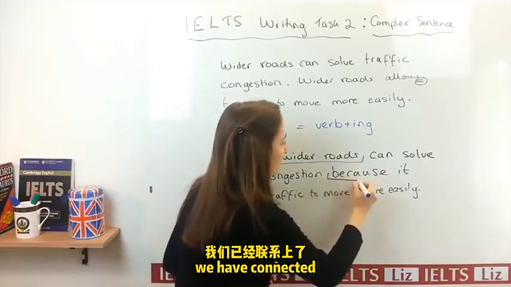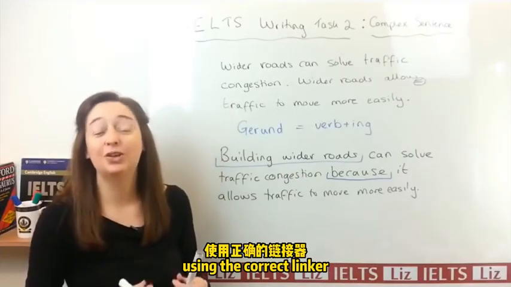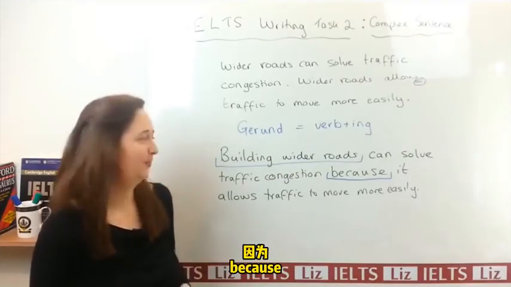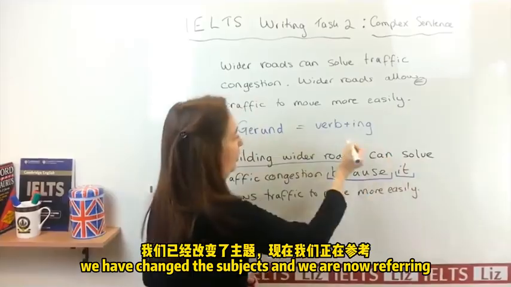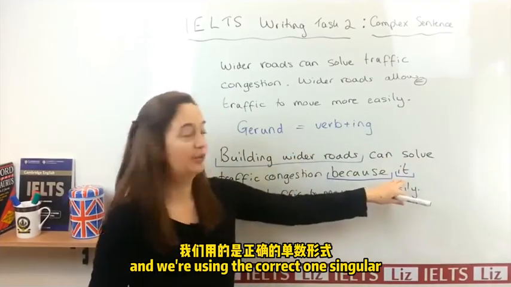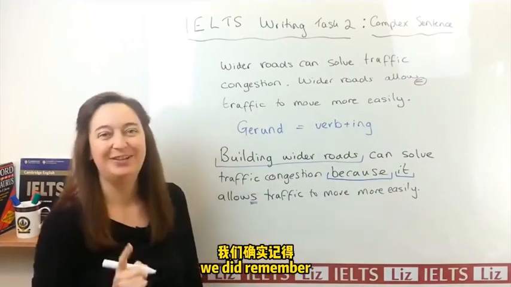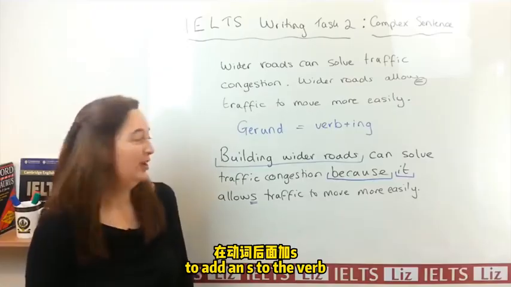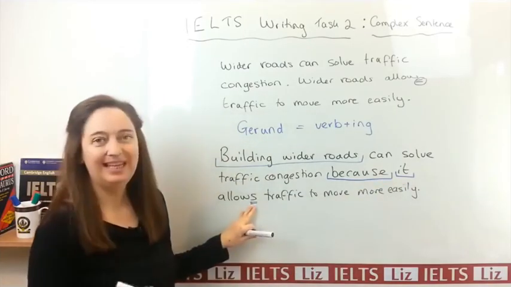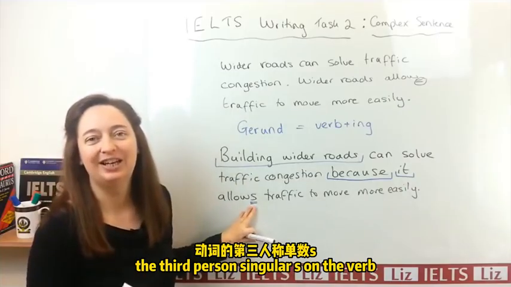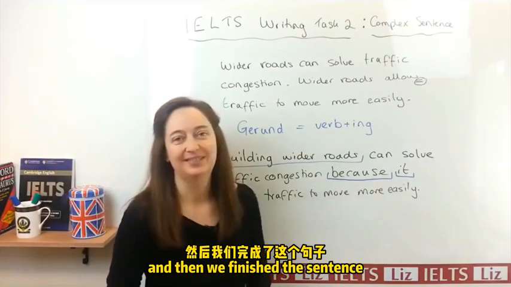We have connected the 2 sentences together using the correct linker, because. We have changed the subject and we are now referring, and we're using the correct one, singular. We did remember to add an S to the verb. Remember, the examiner is checking if you remember the third person singular S on the verb. And then we finish the sentence.